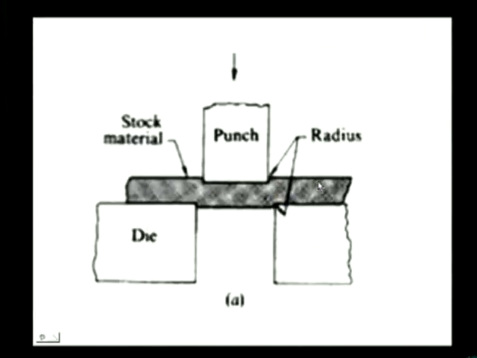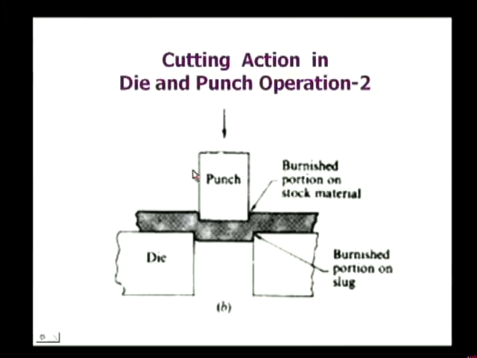You can see the next one very clearly. As soon as some pressure is exerted by the punch on the stock material, you can see first a small radius or curvature is formed at the sharp edge of the punch as well as at the sharp edge of the die. You can also see this diagram.